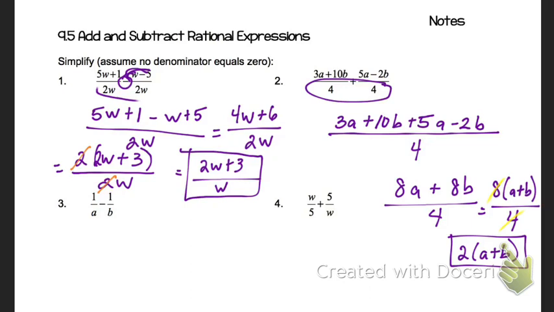Okay, number 3. Now the denominators are different. I need to find a least common denominator, something that they both could share. When you have 2 single terms, the easiest way for me to tell you how to do that is just them multiplied together. So AB would be the common denominator.